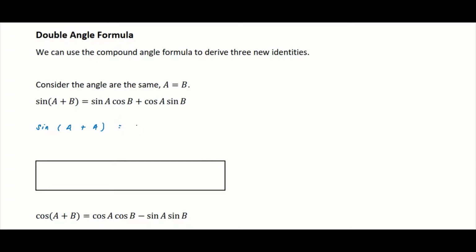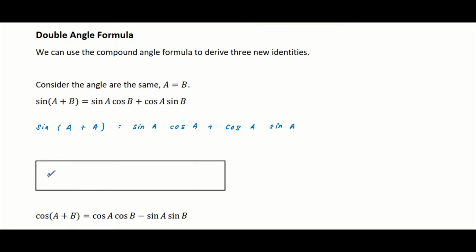So it will be equal to sine A cos A, and then after that plus cos A sine A. So you can see that the two terms here are the same thing. It's the same thing as when we say 2 times 3 and 3 times 2. So that's why you can combine them together.